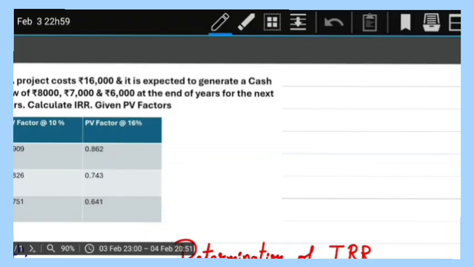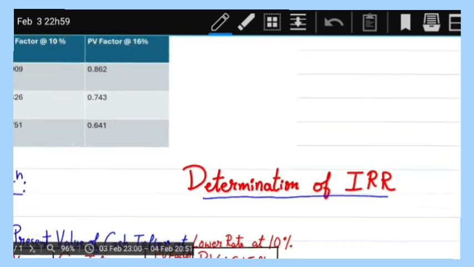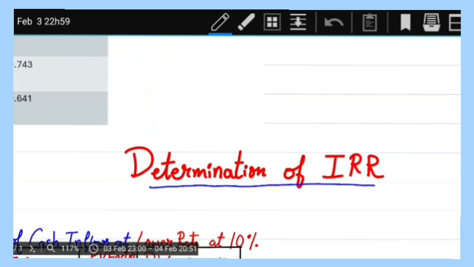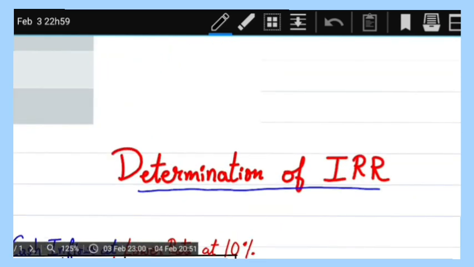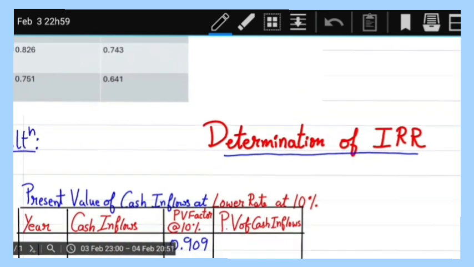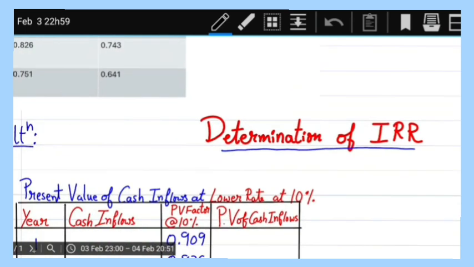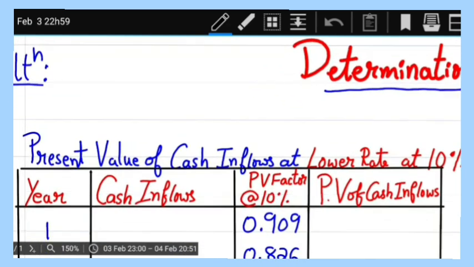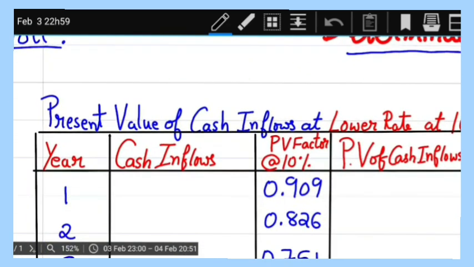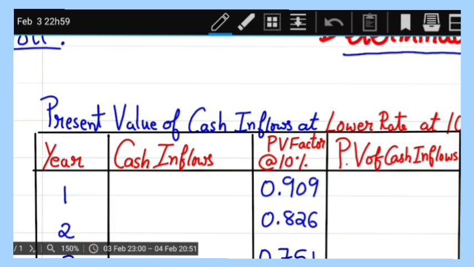Now let's solve this question. First you have to write a heading, determination of internal rate of return. I have written it in short form, you have to write the expanded form. After that, we have to write present value of cash inflows at lower rate at 10%.